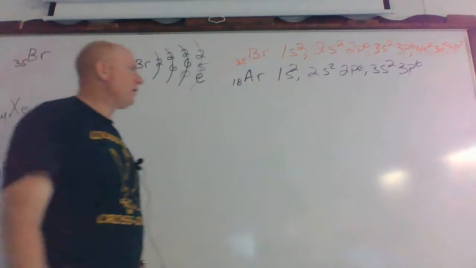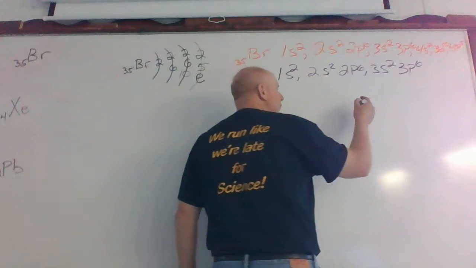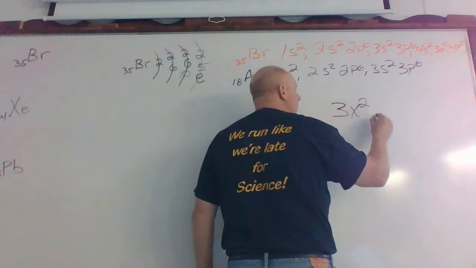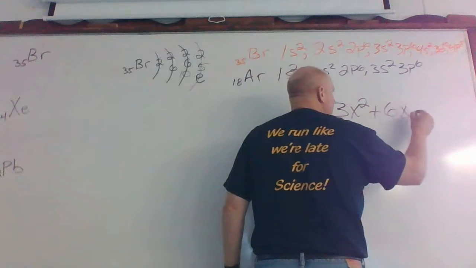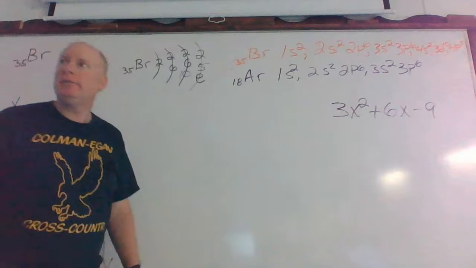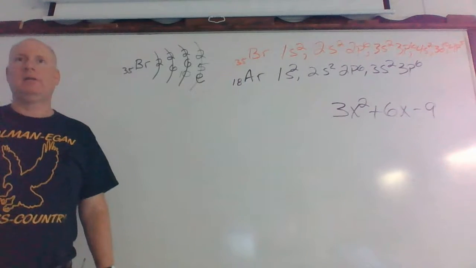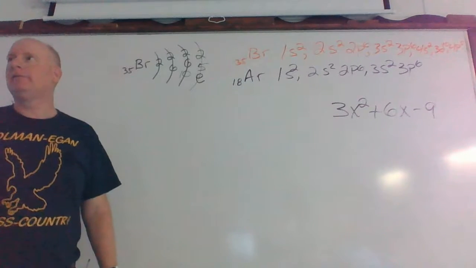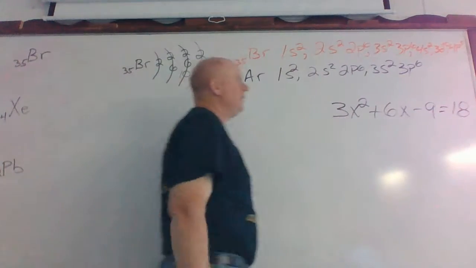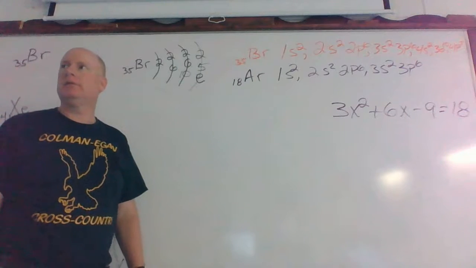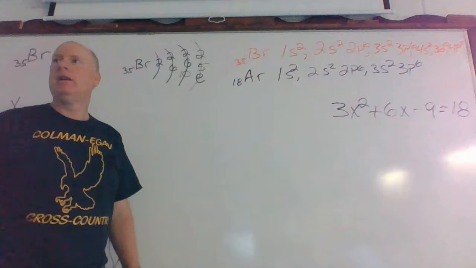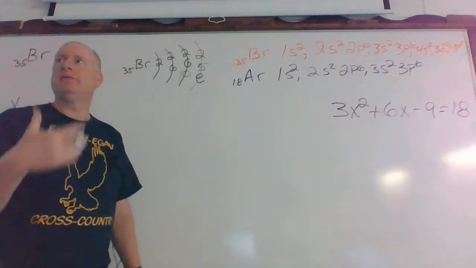So one of the examples that I think you probably remember is if we had, for instance, 3x squared plus 6x minus 9, do all of those have something in common? How could you simplify that? We could even say equals 18. Well, we're not solving for anything, we're simplifying. What do they all have in common?